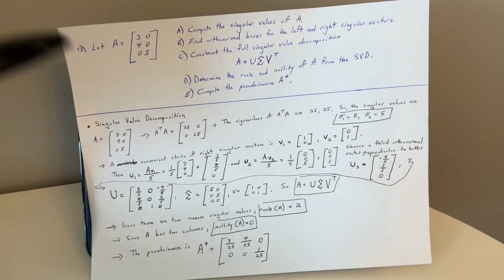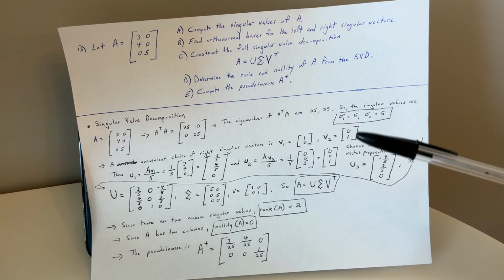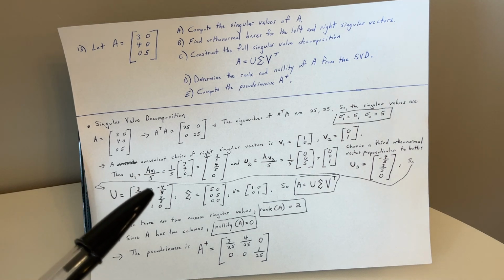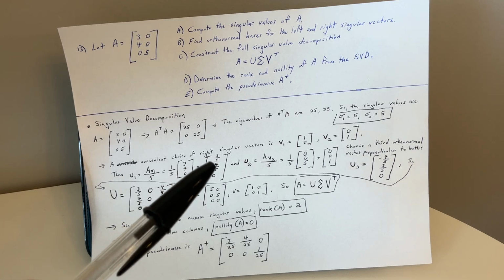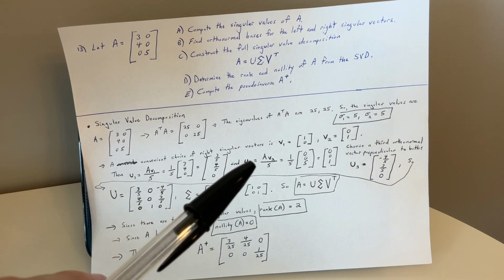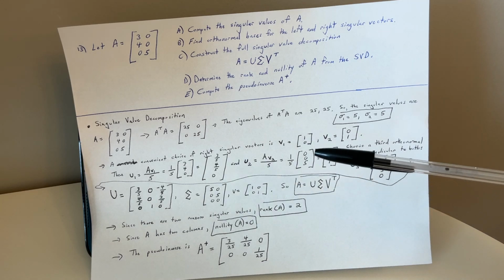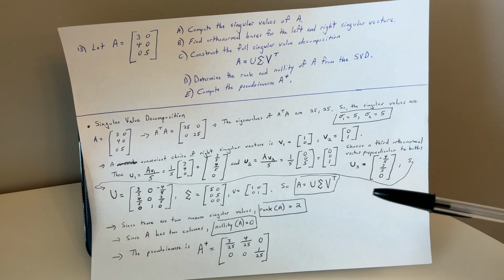A convenient choice of right singular vectors is V sub 1 is the column 1, 0, V sub 2 is the column 0, 1. Then U sub 1 is A V sub 1 over 5, equals 1/5 times column 3, 4, 0, equals column 3/5, 4/5, 0, and U sub 2 equals A V sub 2 over 5, 1/5 times column 0, 0, 5, equals column 0, 0, 1.